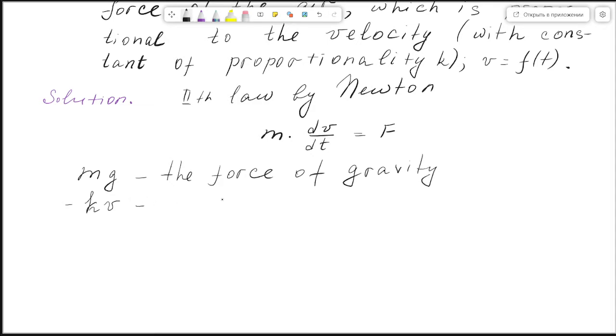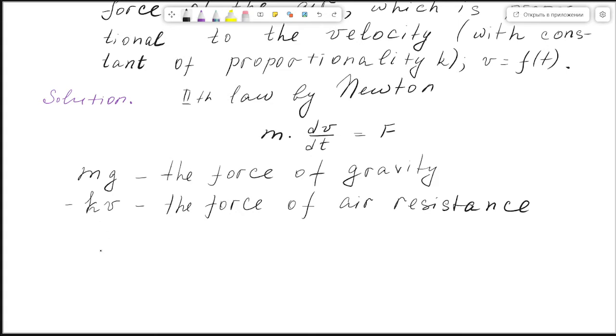The force of air resistance has the minus sign because it is in the opposite direction to that of the velocity.